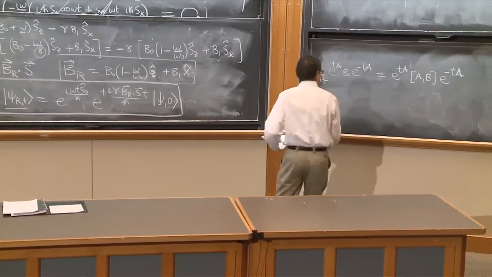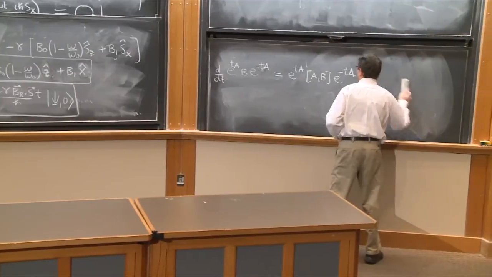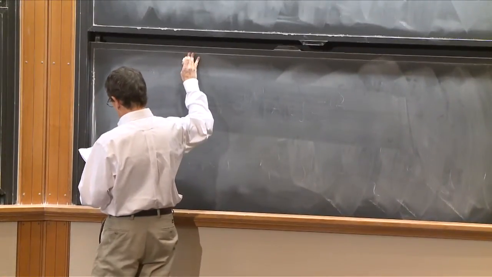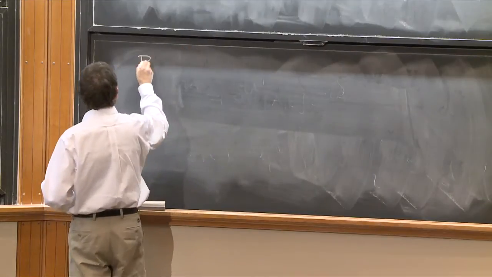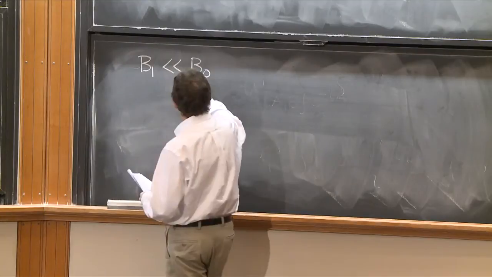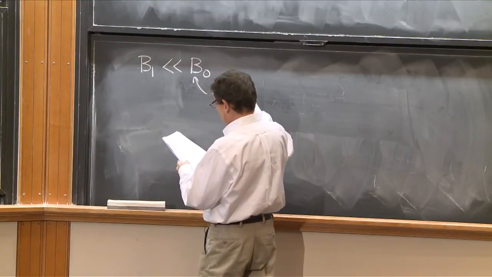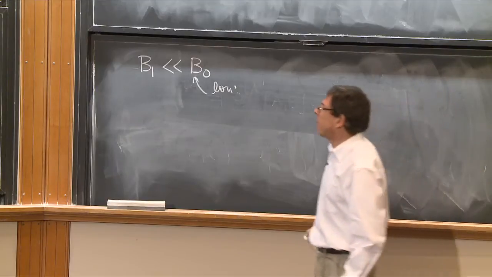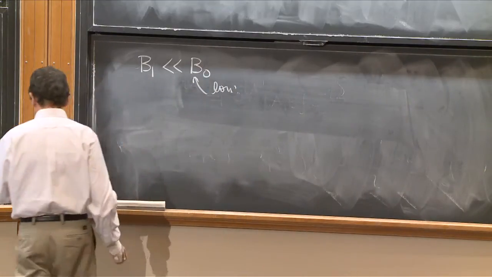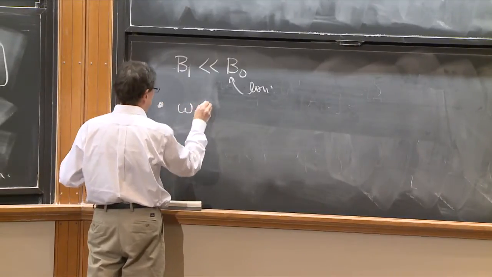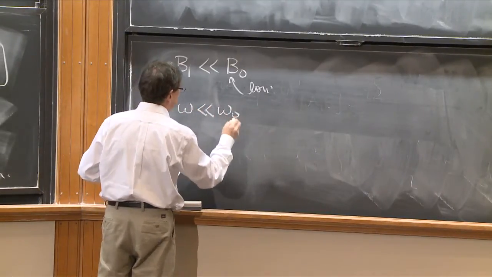And that's the interesting part, of course. Applications always have B1 much smaller than B0. This is the longitudinal component, and that's the case. So let me describe for you what this is doing in the case where, case 1, omega is much smaller than omega 0.